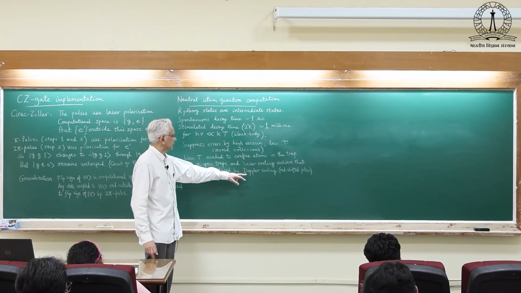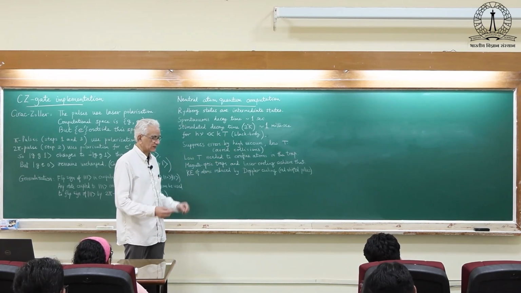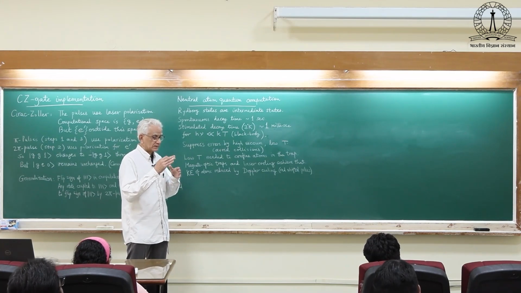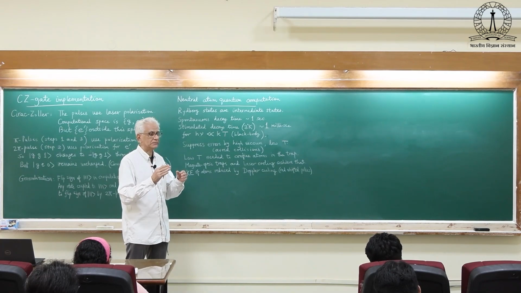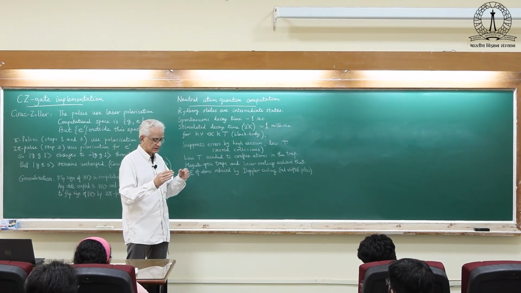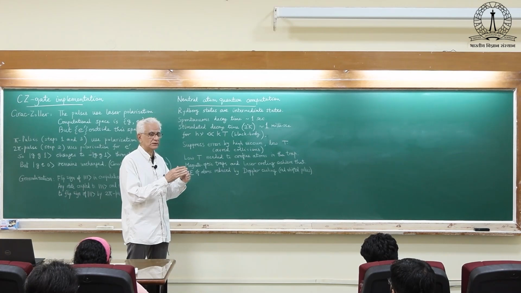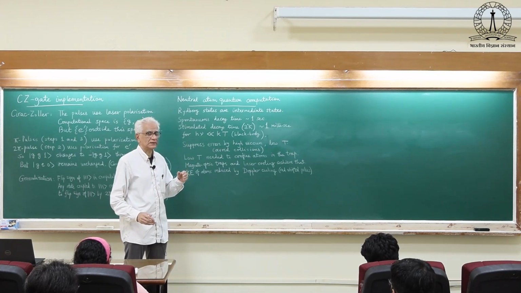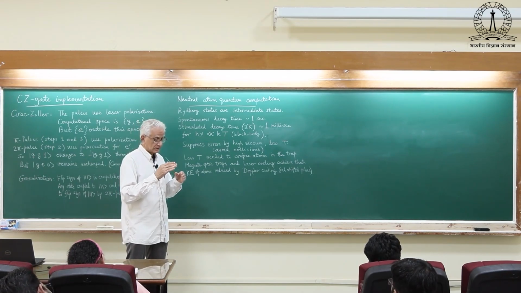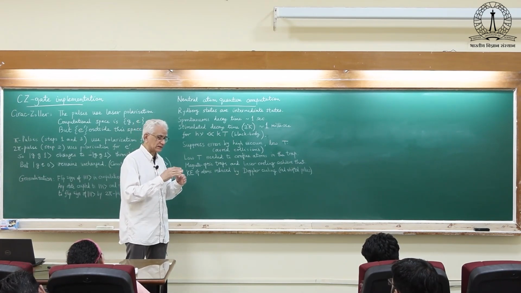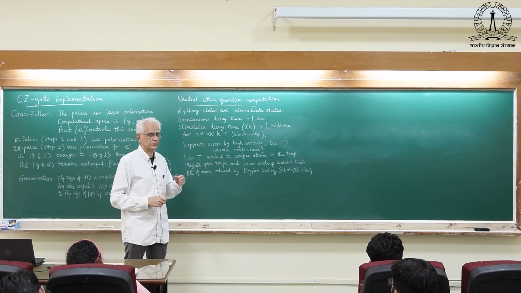So, the Doppler effect, as is known classically, is that the frequency seen by the atom is larger if it is moving towards the source, and it is smaller in the situation where the atom is moving away from the source.